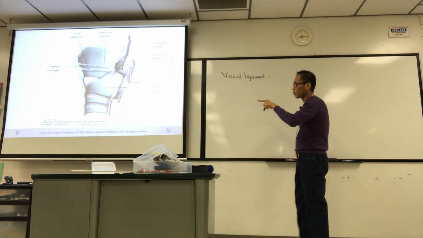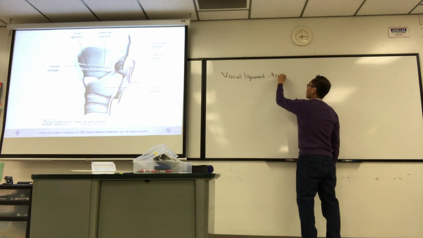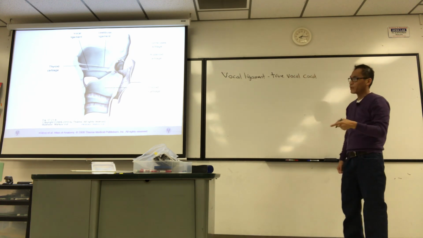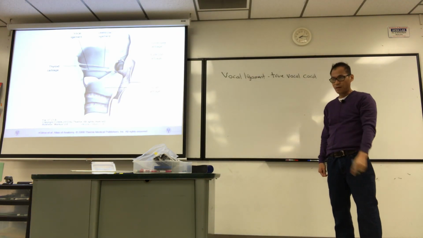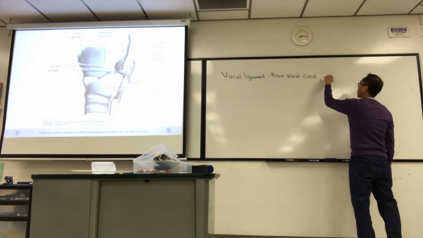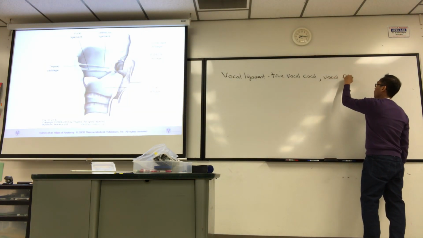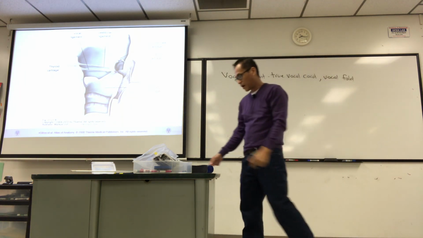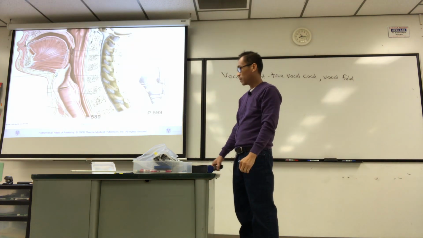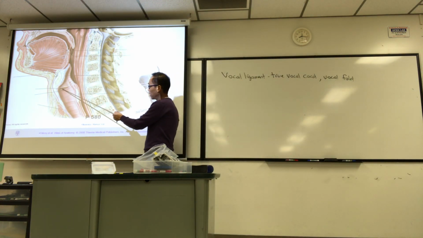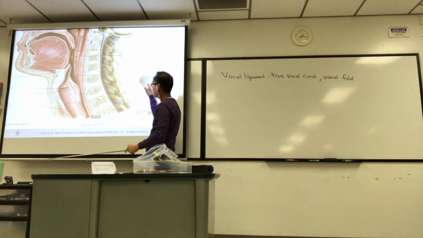That's your true vocal cord. Now, when you put membrane over it, it creates a fold. So sometimes they call it your vocal fold or true vocal fold. Vocal fold. You can call it any of those three things and you'll get it right. Okay, right there is just a ligament, but when you put the skin over it, they look like lips. But that bottom lip, that's your true vocal fold or vocal cord. Okay. The top one, that's your vestibular ligament.